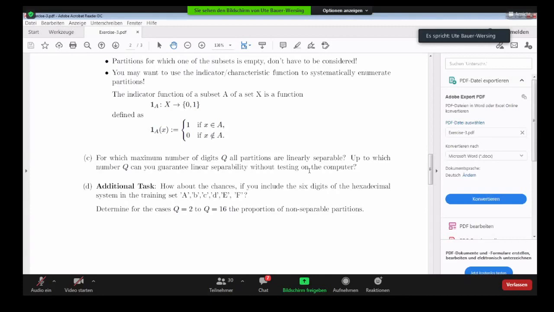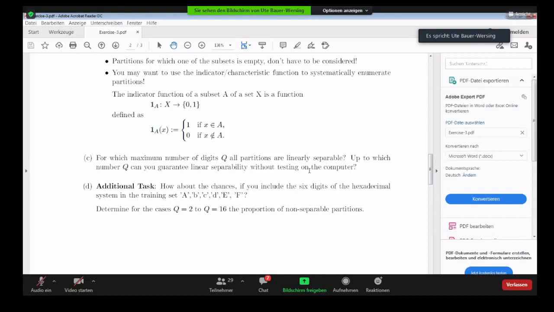Any ideas? What we are now asking, we've seen the experiment using 10 digits, so Q is 10, right? But we can use only 1, 2, 3, 4, 5, or 6 of these digits, and we can use this up to 16, because we have the hex code digits also. So this is the number of Q we can use, the number of training examples.